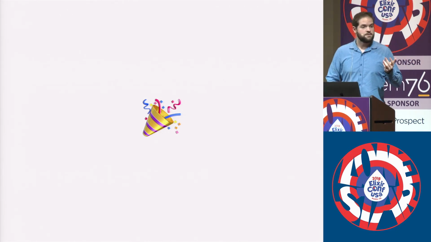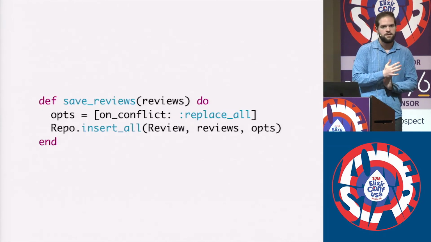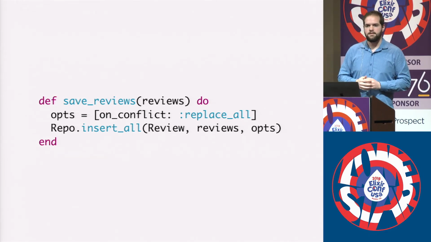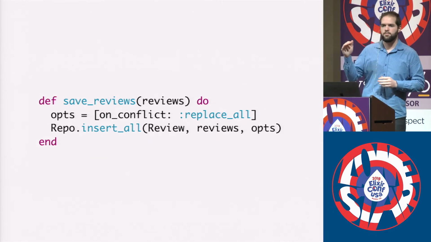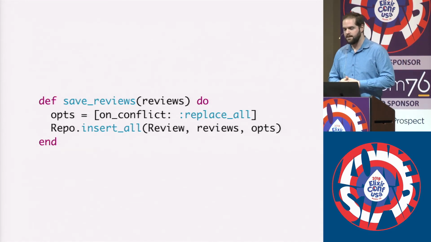And so we want to find that out. We don't want to be telling the customer that, yeah, everything's great, when it's really not. And so what we can do is use on conflict replace all. So what that will do is anytime the unique constraint is hit, it will actually replace all the fields in that row with all the fields that we're providing.